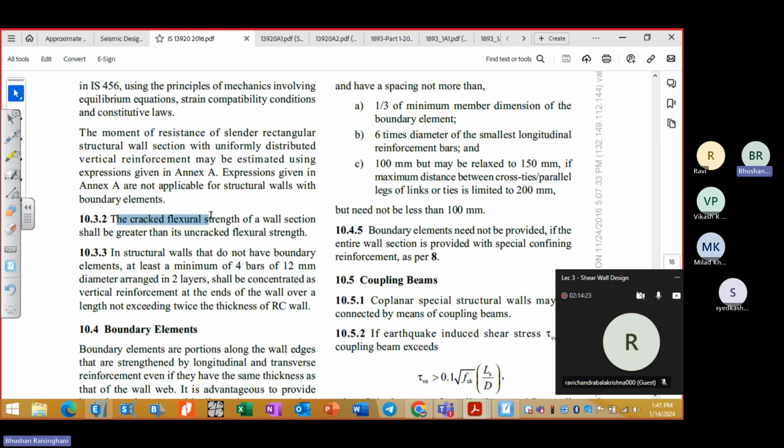So the cracked flexural strength of a wall section shall be greater than its uncracked flexural strength. So why has this clause been mentioned? Any reason for that? Cracked strength should be more than uncracked strength.